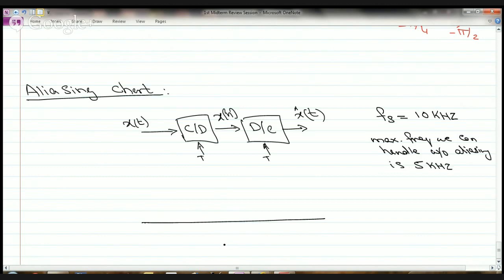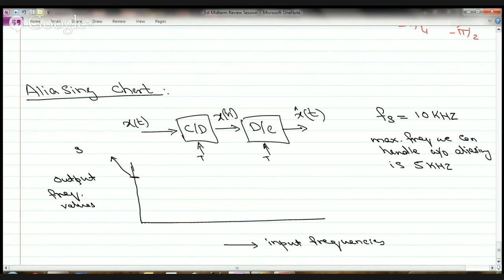So the aliasing chart is about if you input some frequencies, so on the x-axis you have input frequency values, and on the y-axis you have the output frequency values. Okay, so when you do sampling, the maximum output frequency you can ever have is 1/2 of your sampling frequency. So this point is fixed at 5 kilohertz, 1/2 the sampling frequency, so fs over 2.